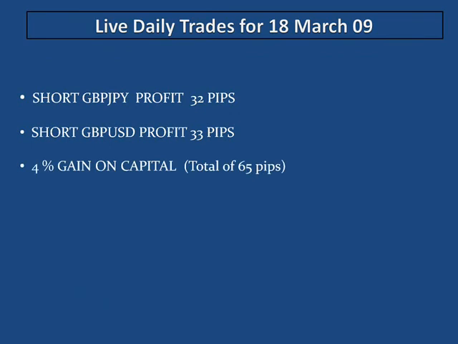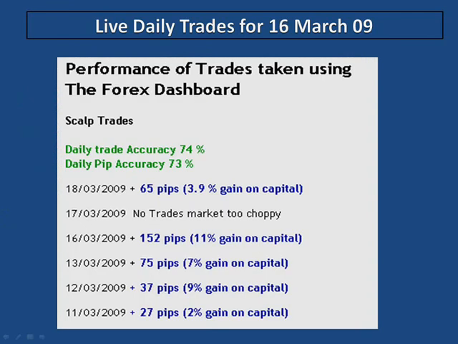My overall gain for the day was 4% on my capital, a total of 65 pips. My goal for each day is to make between 1 and 3% on my capital, and I've been doing that quite consistently recently.